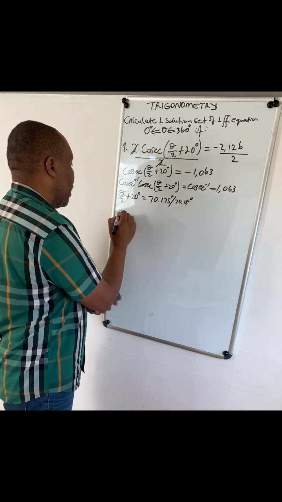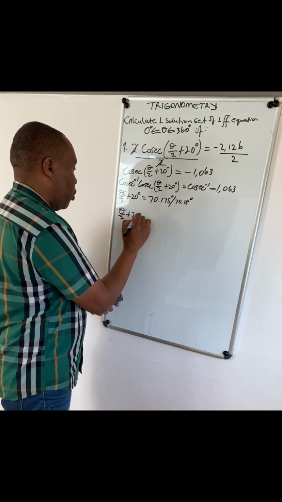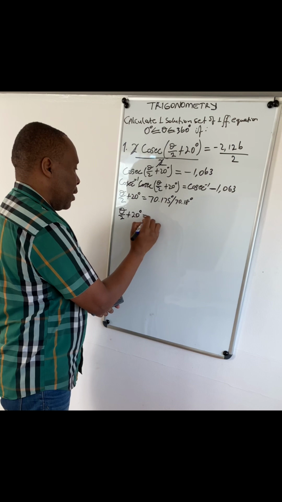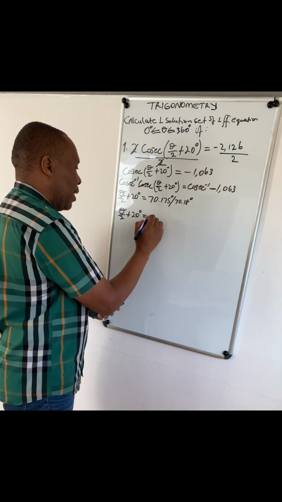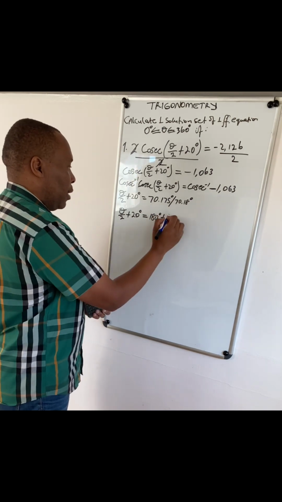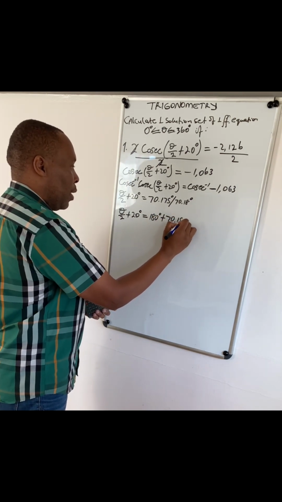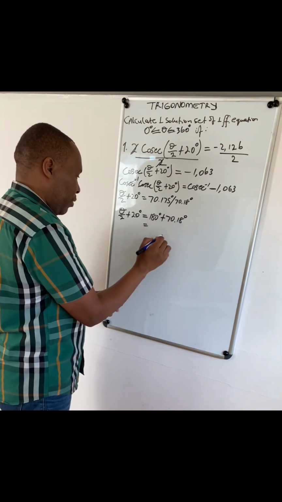So what we do here, we say theta over 2 plus 20 degrees is equal to, we're dealing with negative, it's negative in the third, let's start with the third, 180 degrees plus 70.18 degrees. This is the third quadrant.